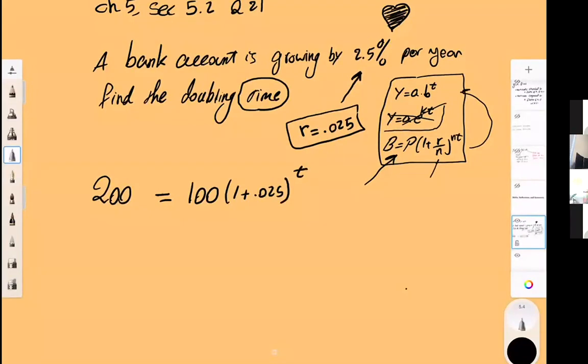I used 100, but you could put 500; we don't care what the initial value is. If this is a, this will be 2a. If you divide, you always get 2 on the other side, so 2 equal to 1.025 to the power of t.